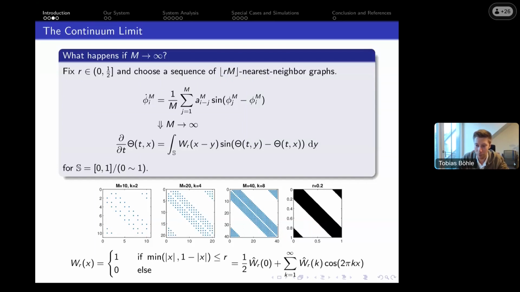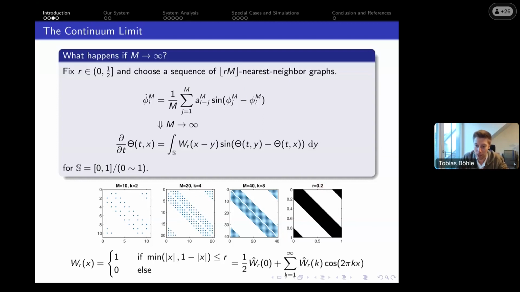So for example, if r is equal to 0.2, you can start with a 2 nearest neighbor graph on 10 nodes. Then you transition to a 4 nearest neighbor graph on 20 nodes, and 8 nearest neighbor graphs on 40 nodes, and so on. And then in the limit only the ratio between the two, which is r equal to 0.2, is the only thing that's crucial.